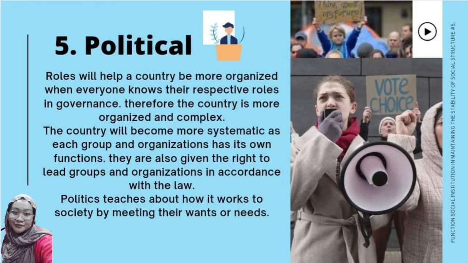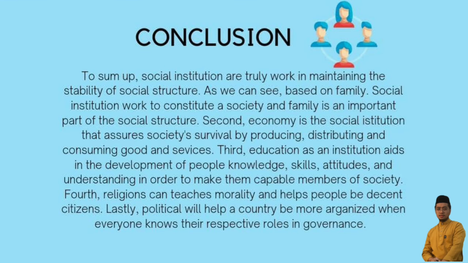Second, the country will become more systematic as each group and organization has its own functions. They are also given the right to lead groups and organizations in accordance with the law. Lastly, politics teaches how it works for society by meeting their wants or needs.